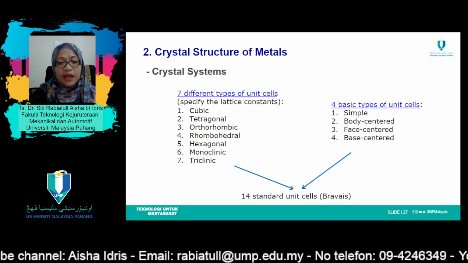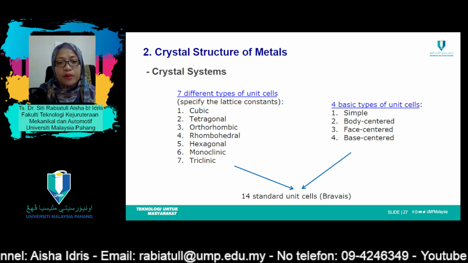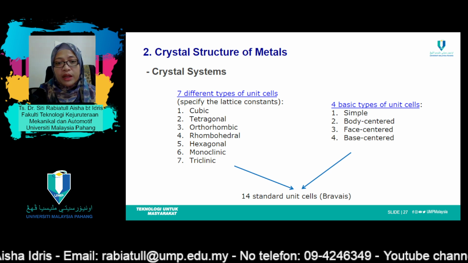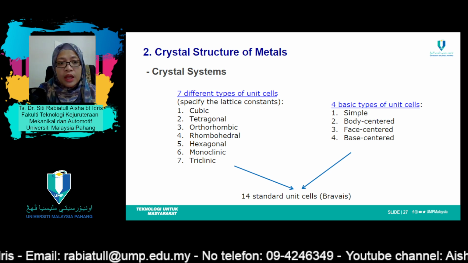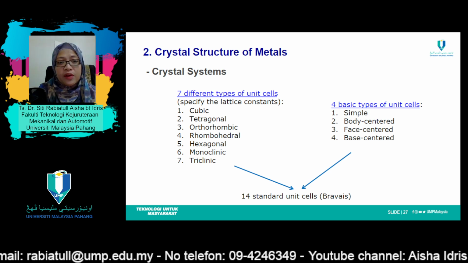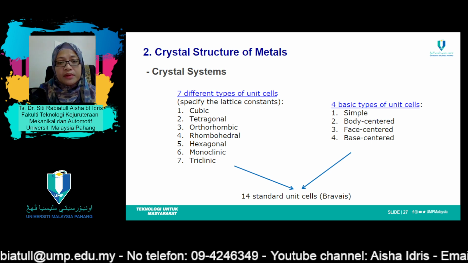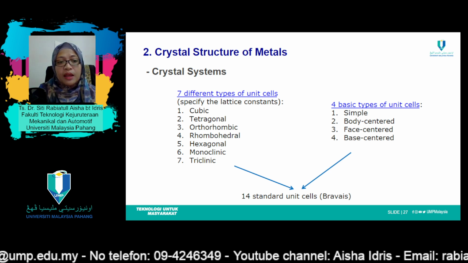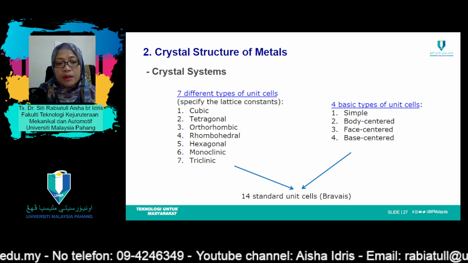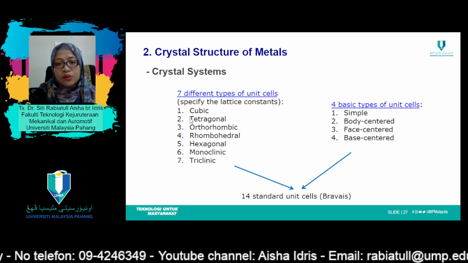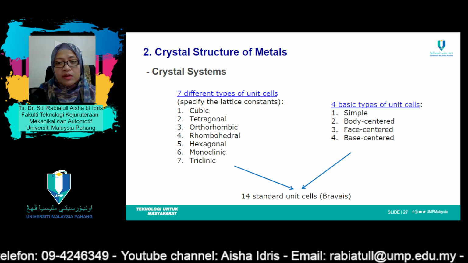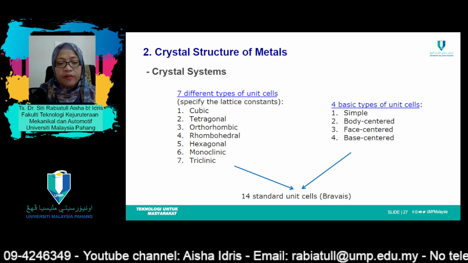That is, the lattice points are indistinguishable from one another. Thus, a Bravais lattice can be referred to as one of the 14 types of unit cell that a crystal structure can be made up of. Like this one, these are the 7 different types of unit cell in Bravais lattice.